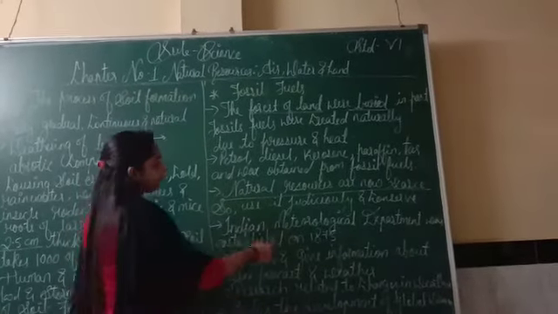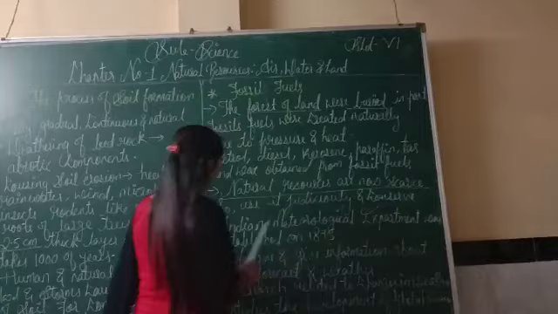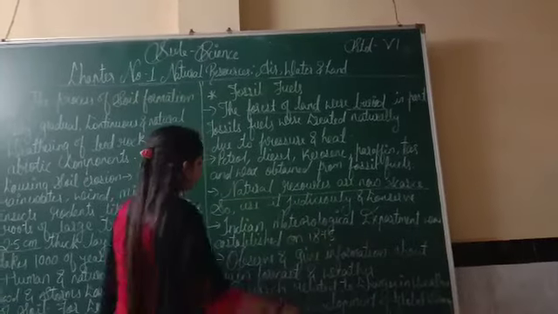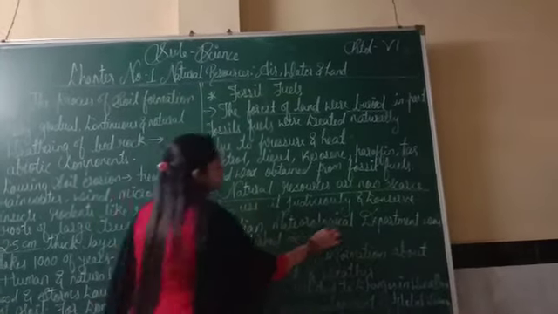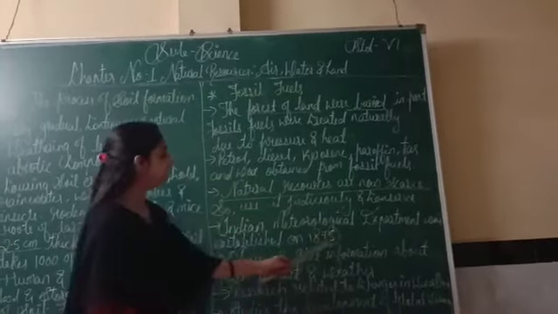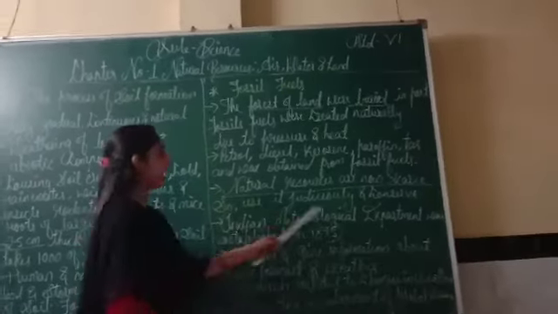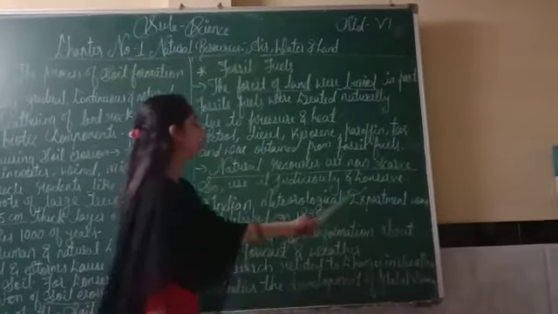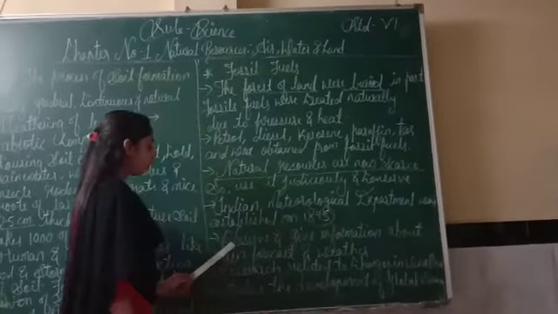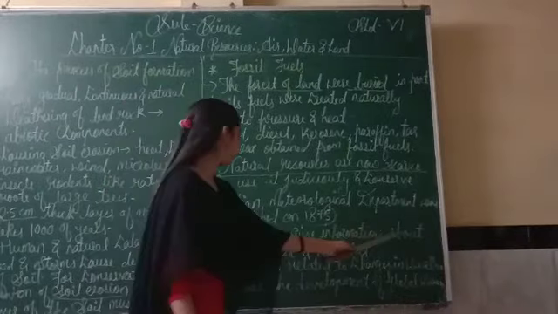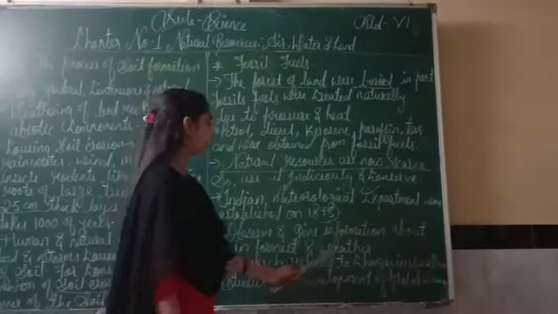Next, the Indian Meteorological Department was established in 1875. This is important information. Means in 1875, the IMD, Indian Meteorological Department, was established to observe and give information about rain, forecast and weather.